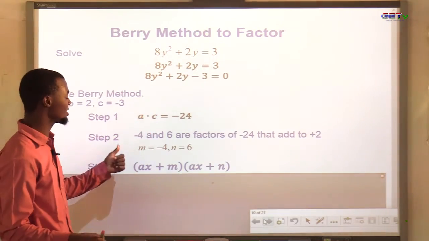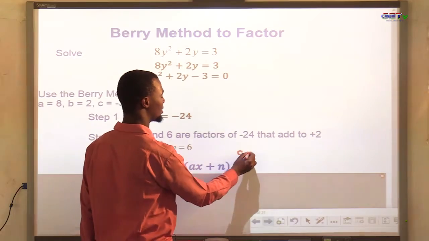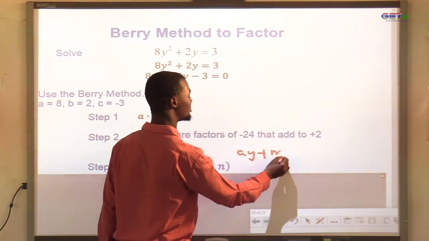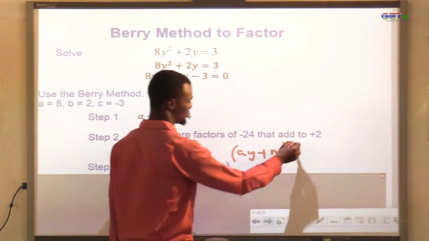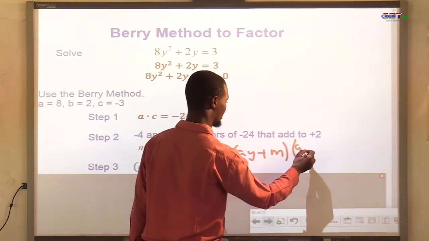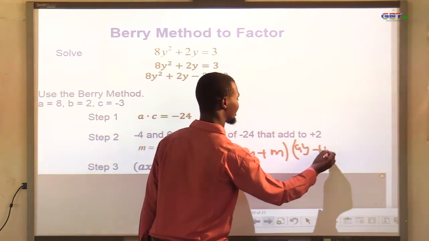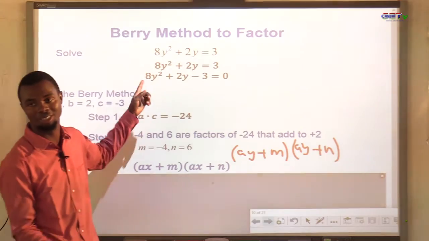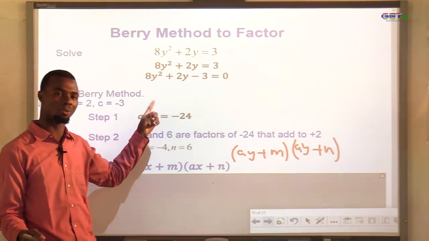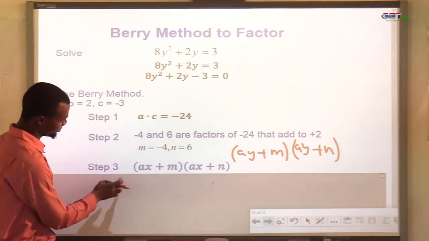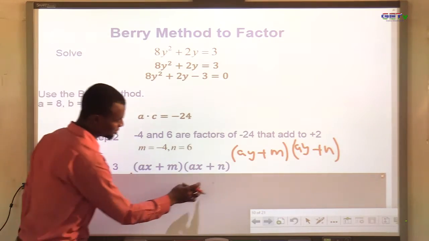Our equation is in y. So this will be ay plus m, and you have ay plus n, because the equation is given in y.